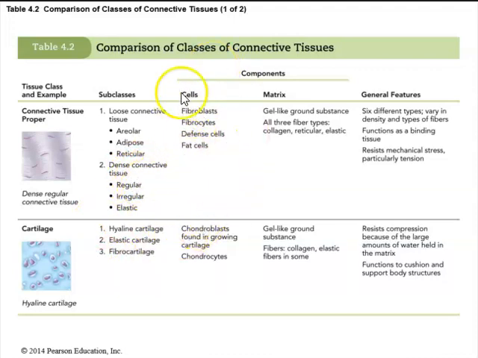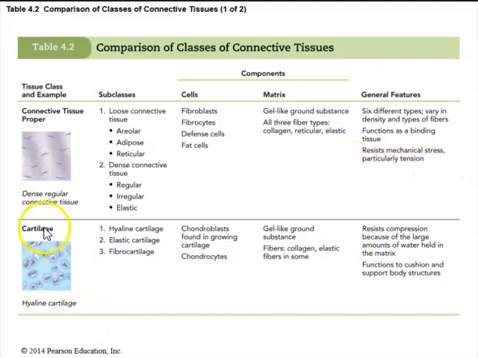We have the cells that we can find in this type of tissue and components of the matrix. The matrix of a connective tissue proper will contain all 3 fiber types: collagen, reticular fibers, and elastic fibers. These tissues vary in density as well as in the type of fibers, function as a binding tissue, and resist mechanical stress, particularly tension.